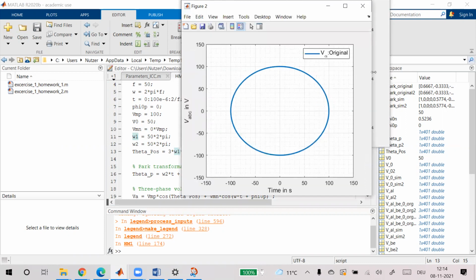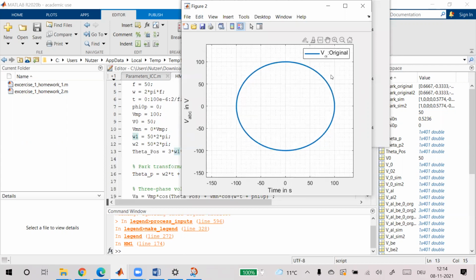In DQ we have the transformation angle, but in alpha beta frame we do not have any angle transformations. So this is still a circle, but now omega is 3 times the fundamental. So it takes 3 times less time to make a circle. And of course your magnitude is the same.